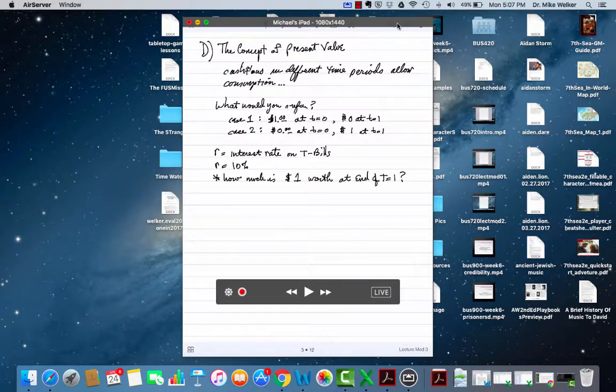And we might then ask the same question, what's the cash flow worth in the second case? Remember, we're rational, and we prefer more to less. We're trying to set this up so that we can compare the dollar values that we're getting at different points in time.